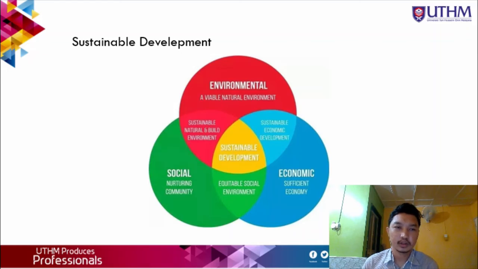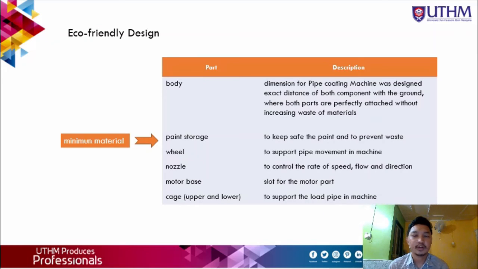Okay. For the eco-friendly design, minimum material, we have a few parts here, which are body, paint storage, wheel, nozzle, motor base, and cage. For the body part, the dimension of the pipe coating machine was designed with exact distance of both components with the ground, where both parts are perfectly attached without increasing waste of material.